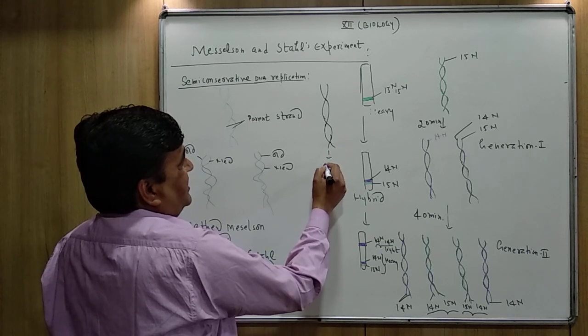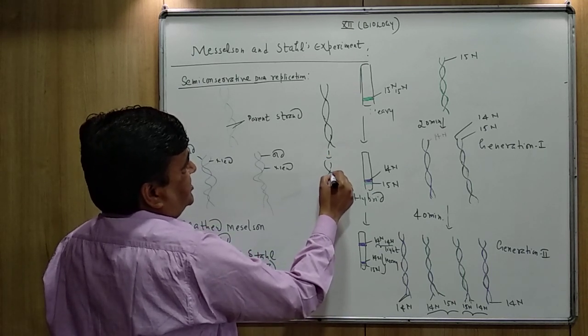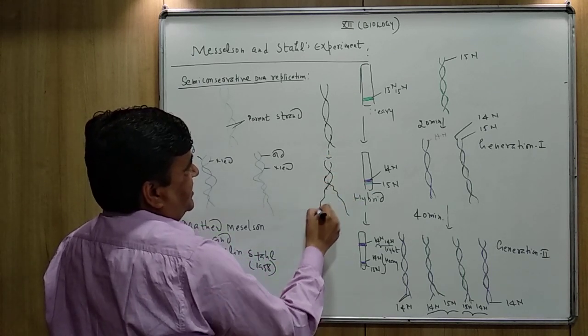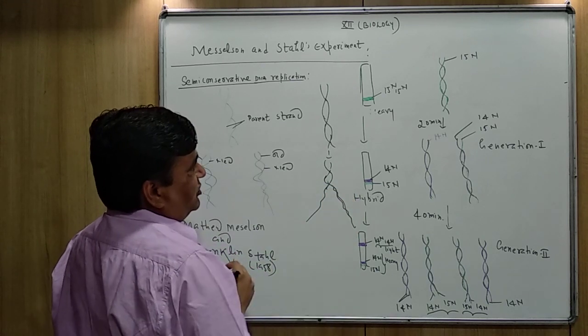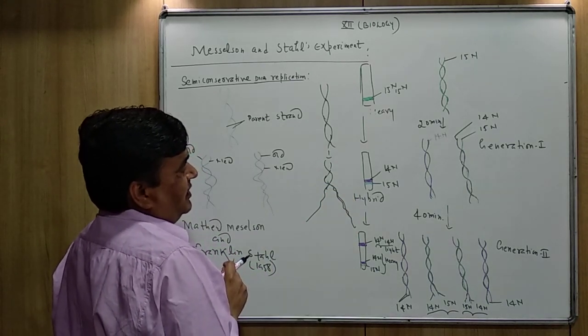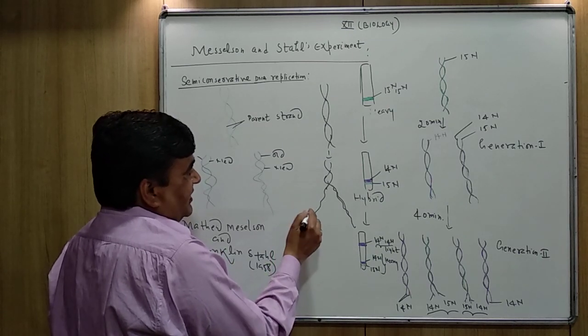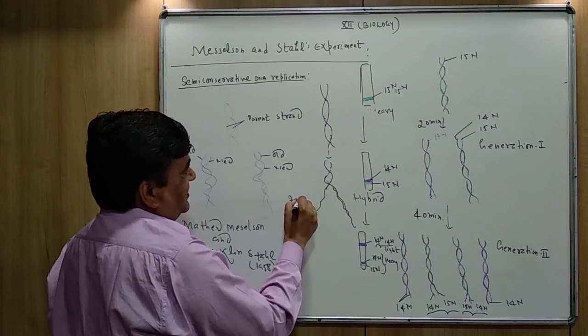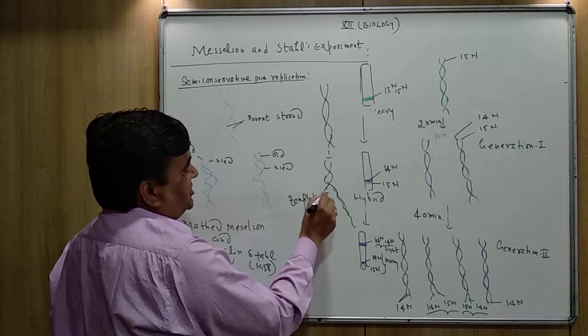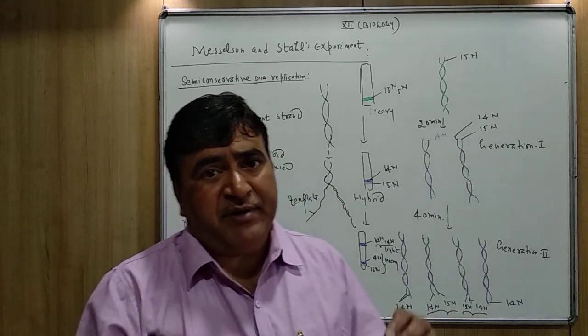Suppose these are the strands of the parent DNA. At the time of DNA replication, both the parent strands are separated from each other, and each strand acts as the template strand. You can say this one is the template, and this also acts as the template strand.